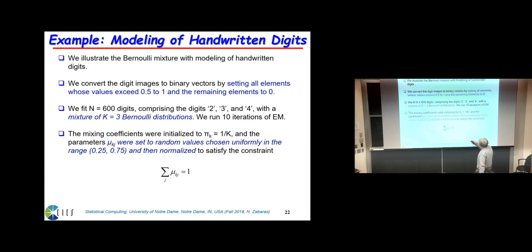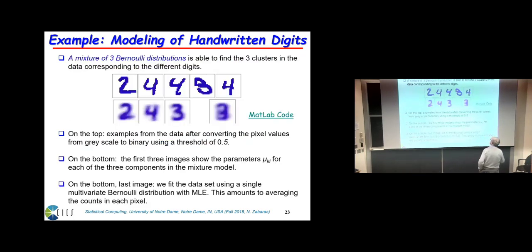If it's a color image and you have pixels from 0.5 to 1, you call them 1. If it is from 0 to 0.5, you call them 0, so we can do our algebra. What happens is, actually, you get nice results. A mixture of 3 multi-Bernoulli distributions here, and you can see their centers are 2, 4, and 3.